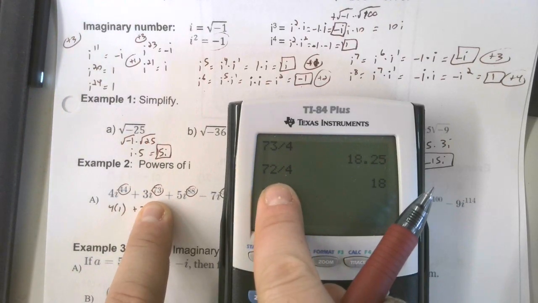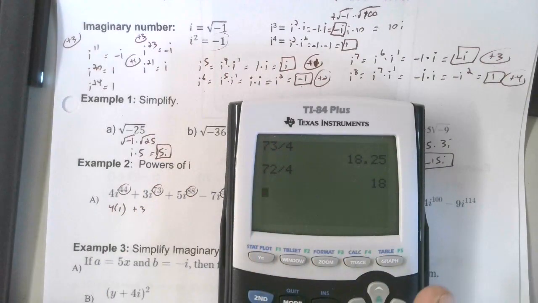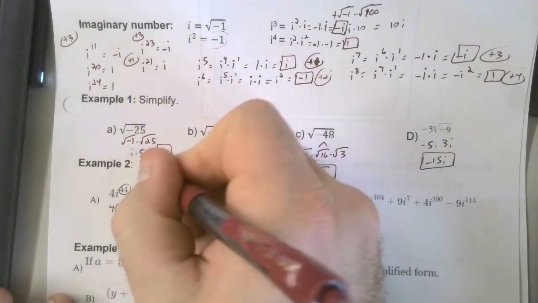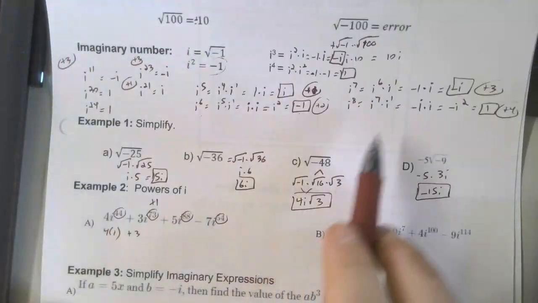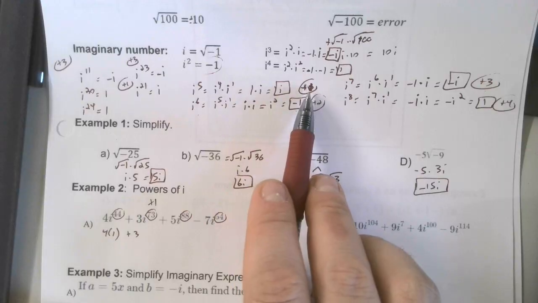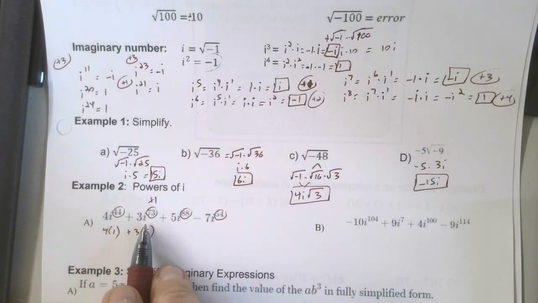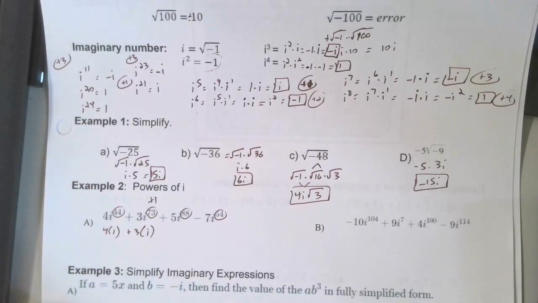It works. So that means 73 is a plus 1. So you go to plus 1 on your chart, right? So you notice that's i. So you replace i to the 73rd with i.